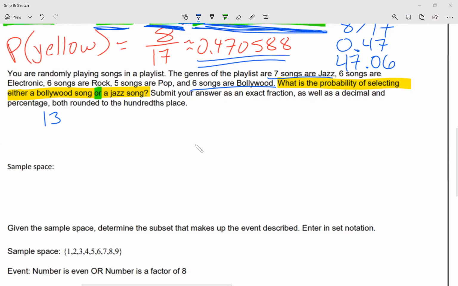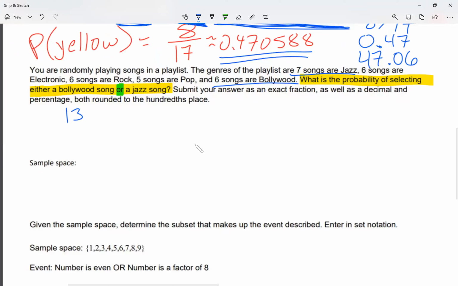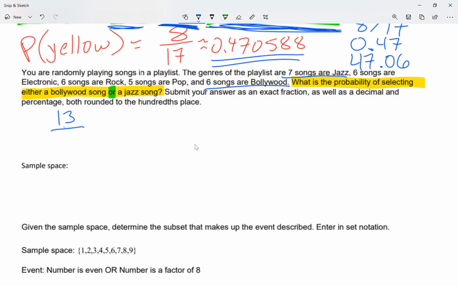So the favorable outcome is 13 divided by, so I have this as over, how many songs do I have altogether? I have 7 jazz, 6 electronic, so 7 plus 6 plus 6 plus 5 plus 6. When I add all the possible songs, there are 30 of them.